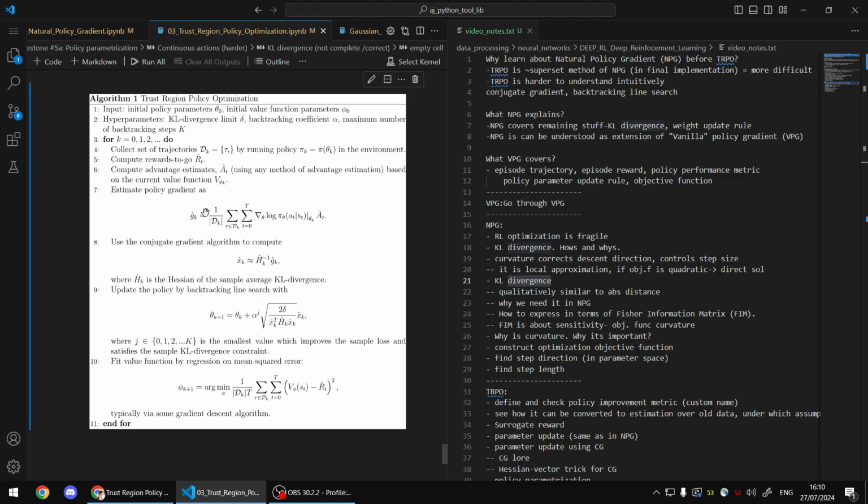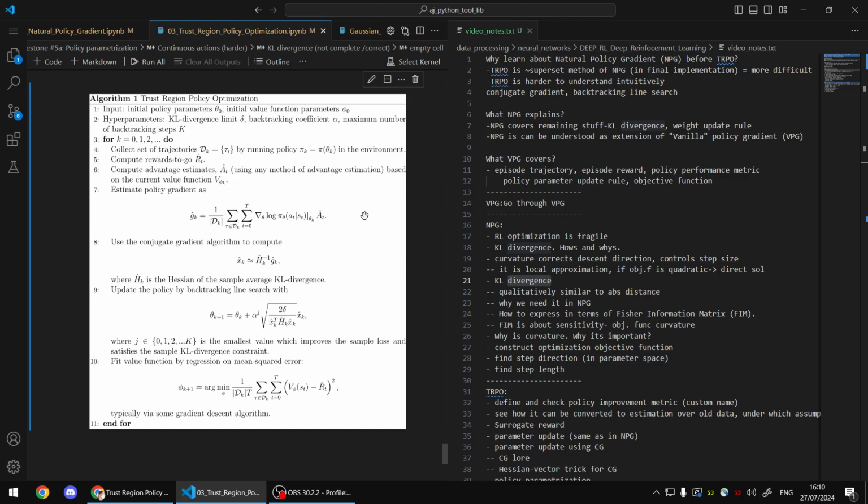But generally, the main problem, I think, with TRPO is that you don't derive it exactly the same as all the previous iterations, like vanilla policy gradient, even the natural policy gradient. So the theory is really different.